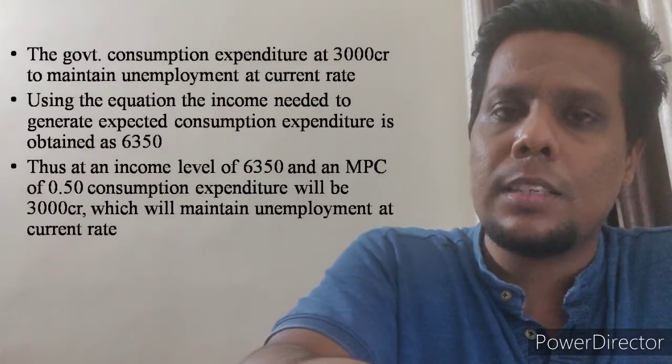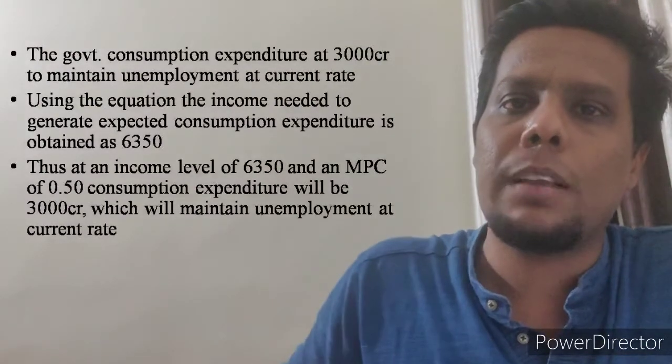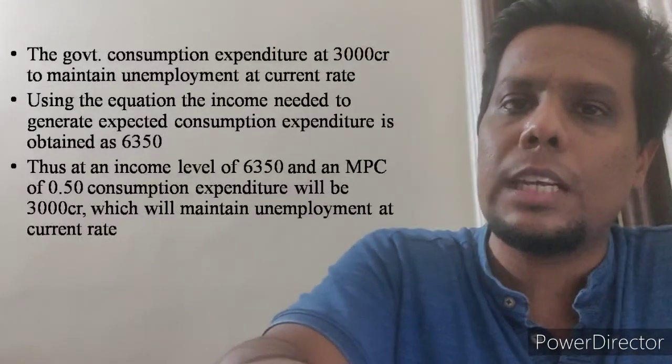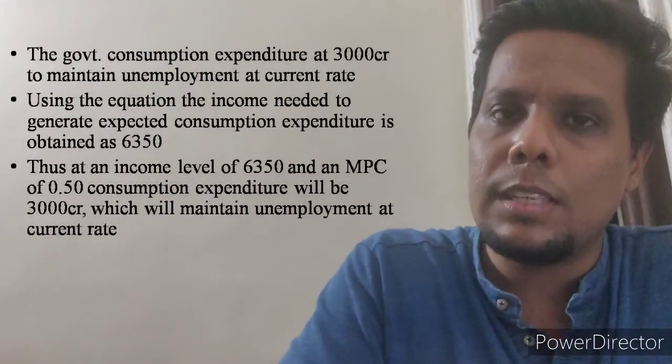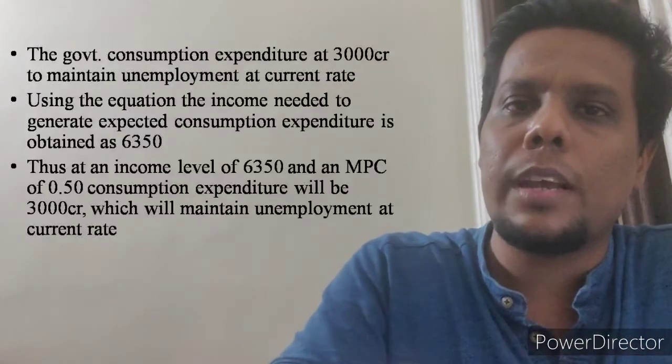To repeat, the government expects 3,000 crore rupees of consumption expenditure will help to maintain the unemployment level at the current rate. Using this information, we found out, using the estimated equation, that the income will be 6,350.